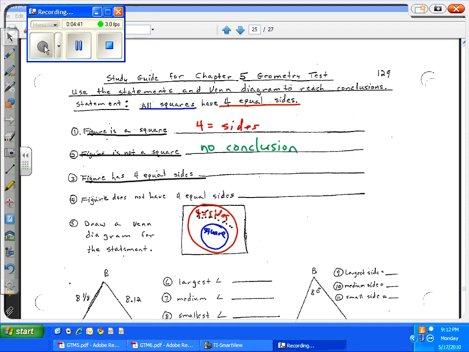Now, it could be in the big circle but not in the little circle, but it could also be in the big circle and in the little circle. So if it has four equal sides, it might be a square, but then again, it might not be a square. So we can reach no conclusion as to whether it is a square or not, just given the fact that it has four equal sides.